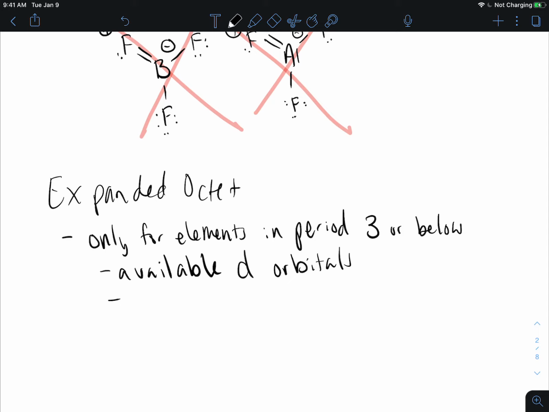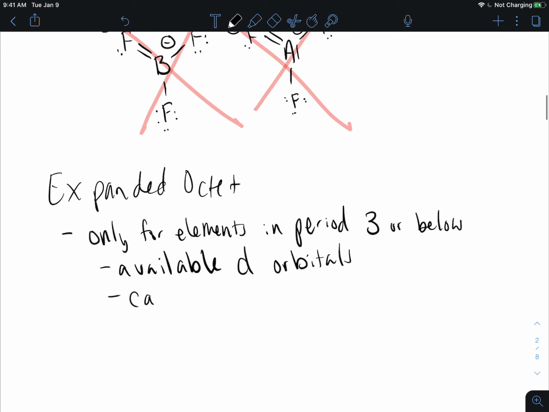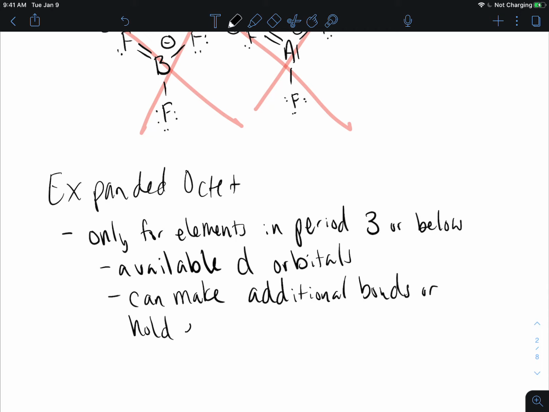So because we have these d orbitals, we can make additional bonds or hold additional electrons.